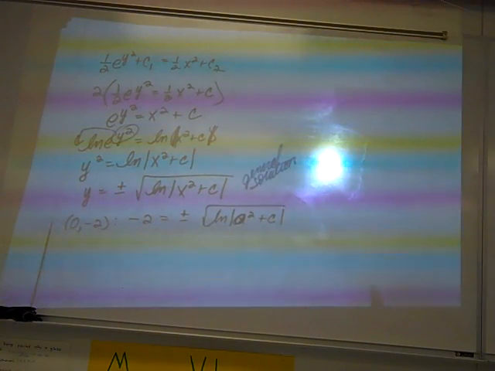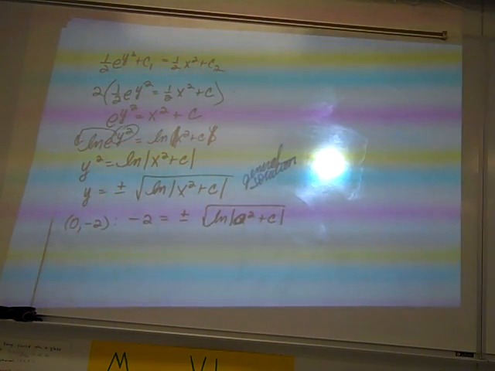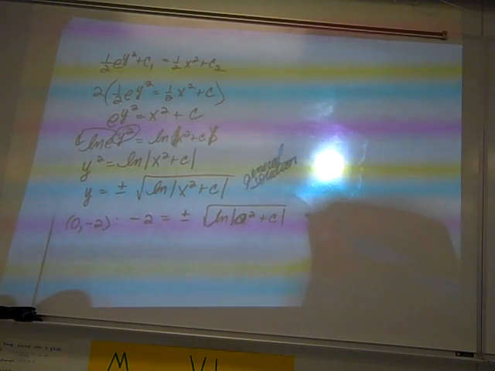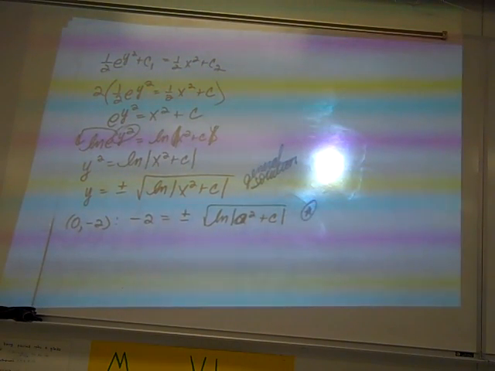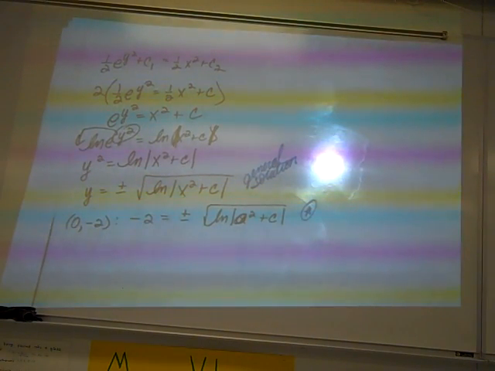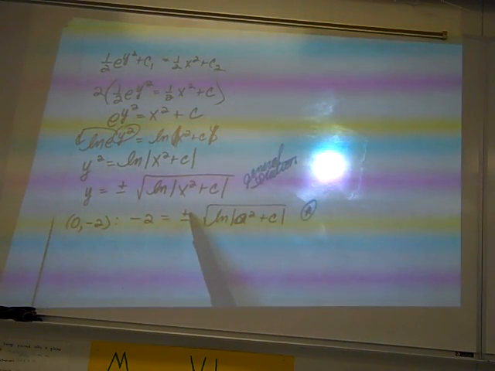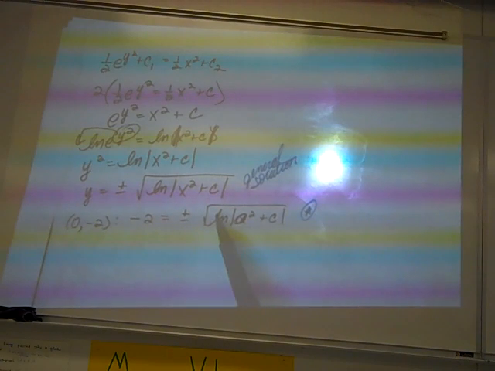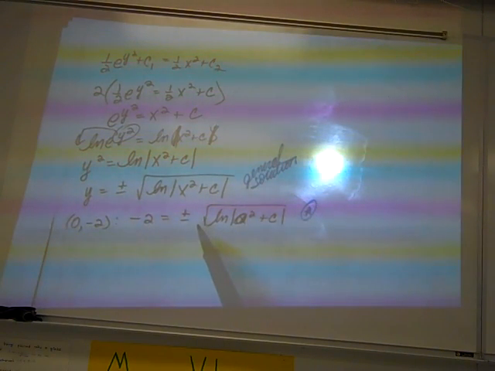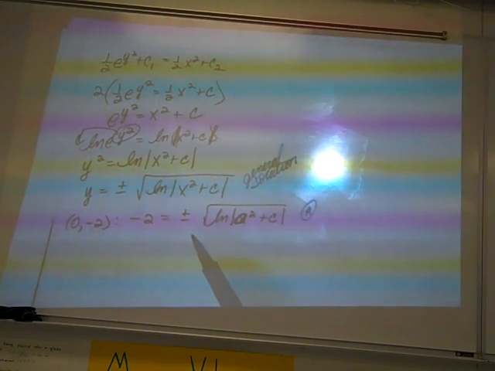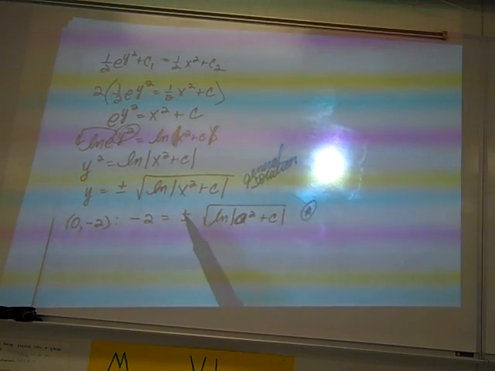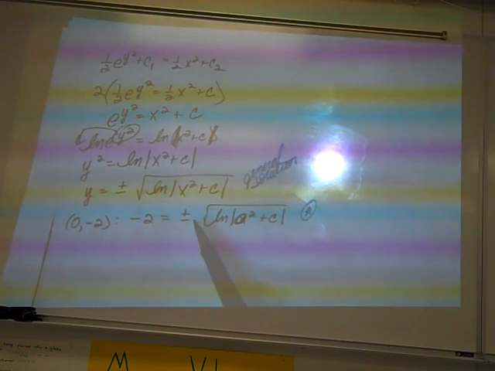Now, this is an important point. I want to put a star next to this. I want to draw your attention to this. We must determine whether we are going to use the positive or the negative version of the square root. Because when you solve a differential equation, you're looking for a function. We can't have this ambiguity of the positive or the negative.